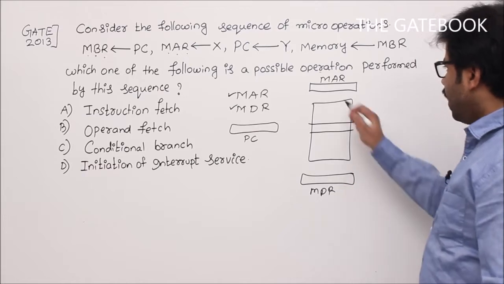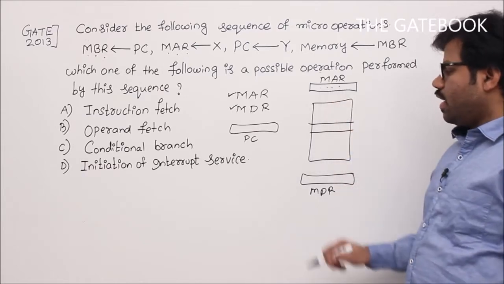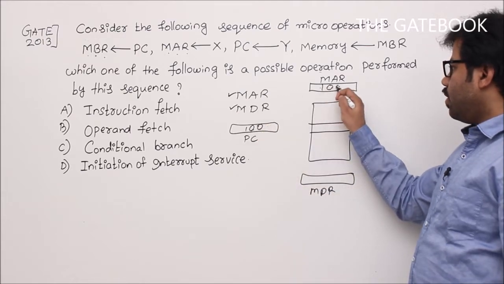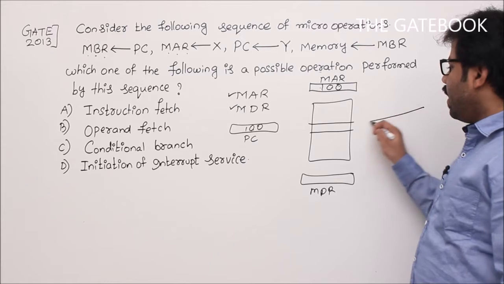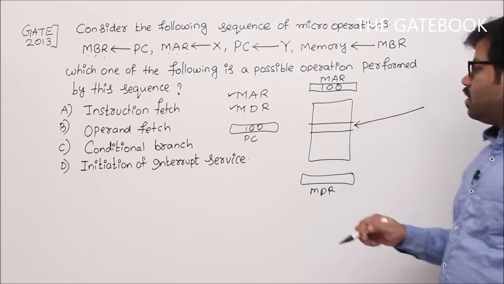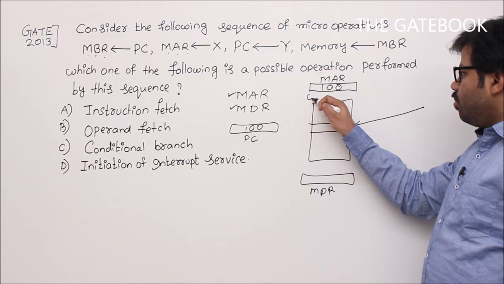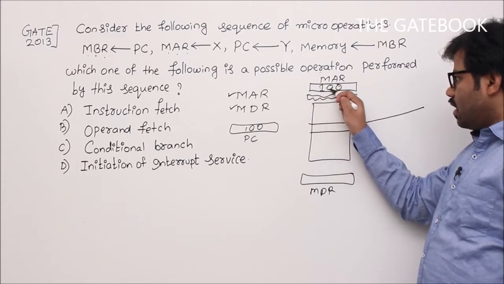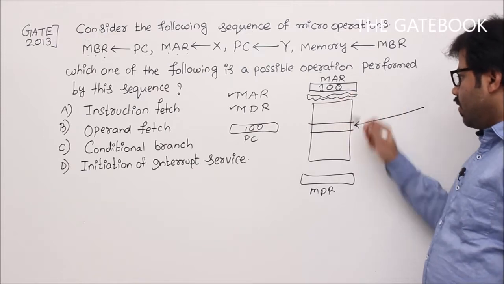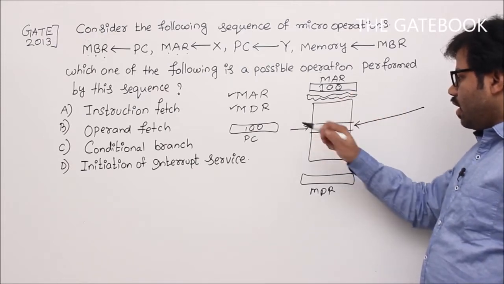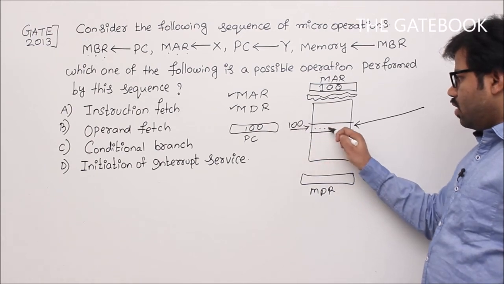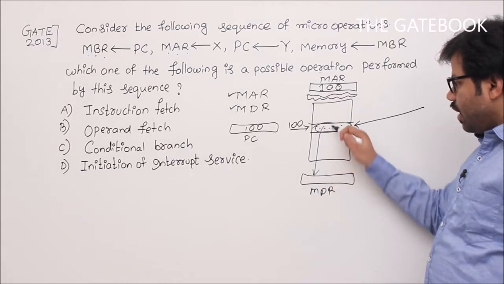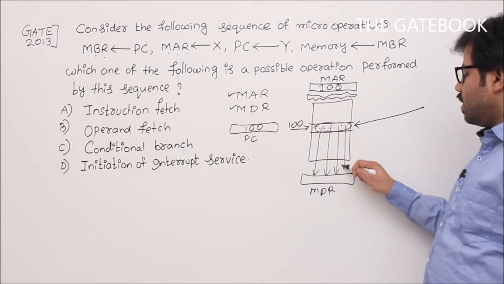Whenever you specify some address in the memory address register, for example, the program counter shows 100, if you transfer that 100 here and then initiate a read operation, your memory interface will understand that the address is 100, and exactly that memory address 100 will be enabled. Now the data will be transferred to the memory data register. Generally architectures are designed this way.